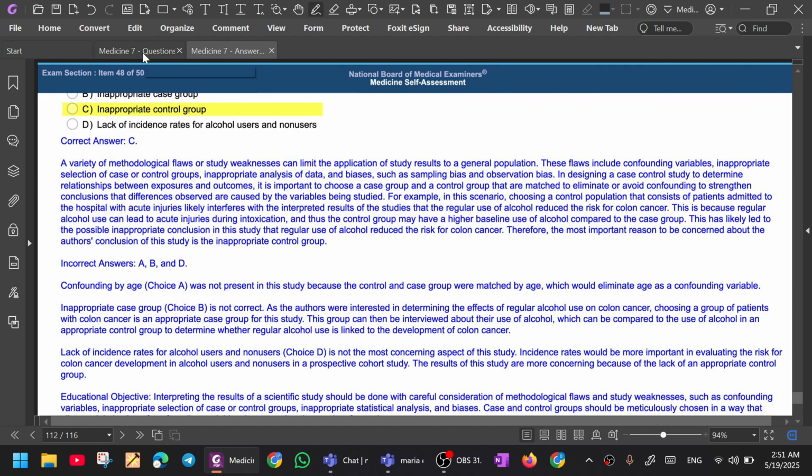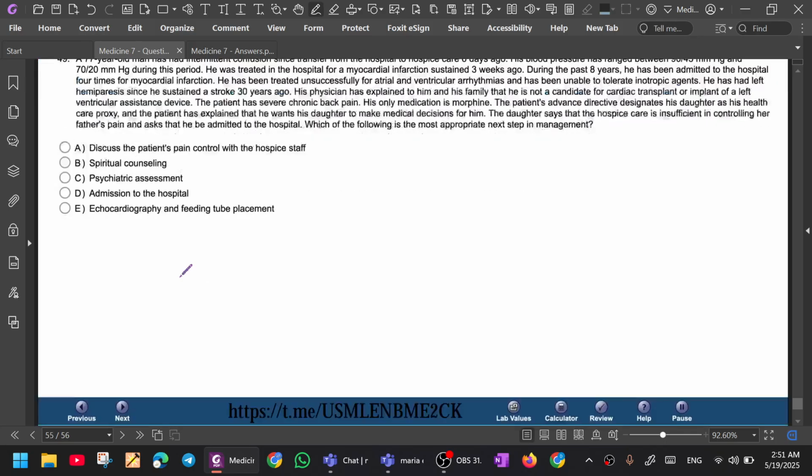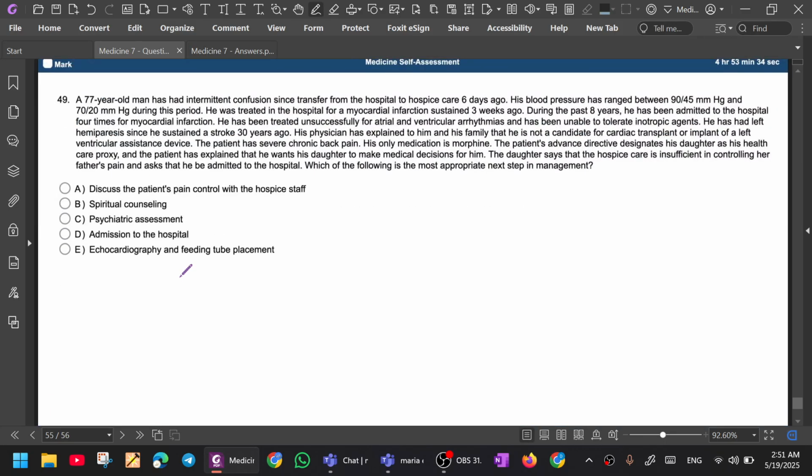Next step in management. A 77-year-old man has had intermittent confusion since transfer from the hospital to the hospice 6 days ago. BP ranges between 90 over 40 and 70 over so low during this period.